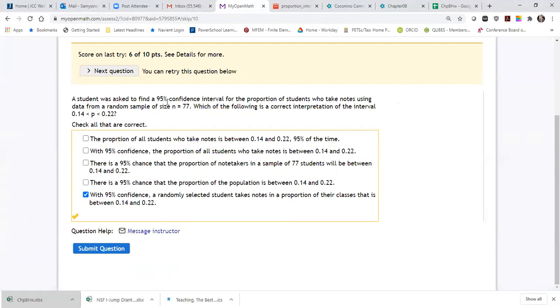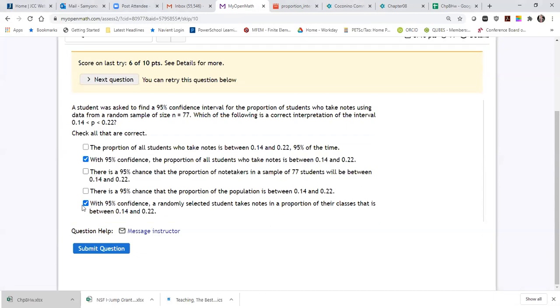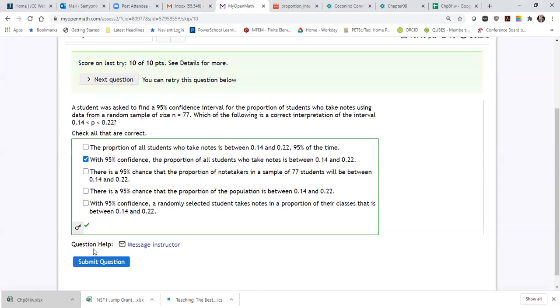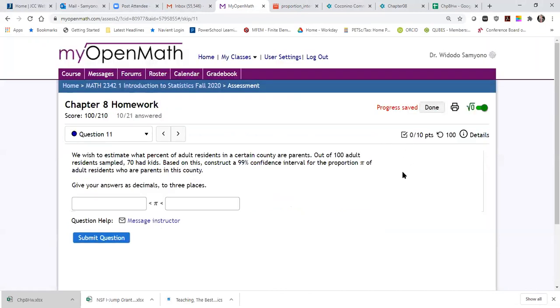Because we talk about proportion, I think it should be this one. Because it's talking about proportion, the answer should be proportion, not this one. Yeah, it's almost the same thing.